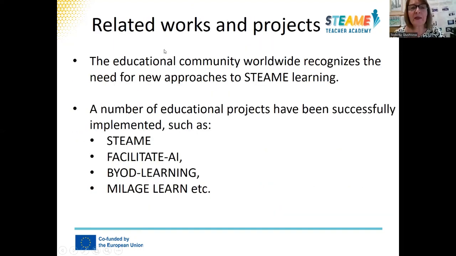The projects related to these competences and our main goal are many, but we will see some of them.